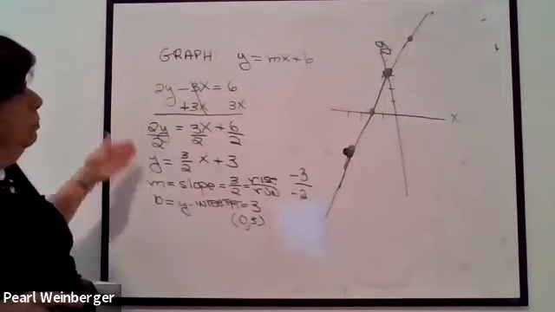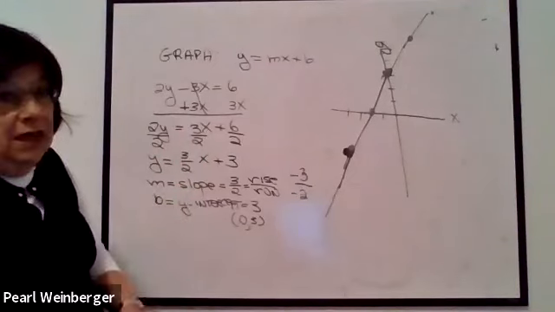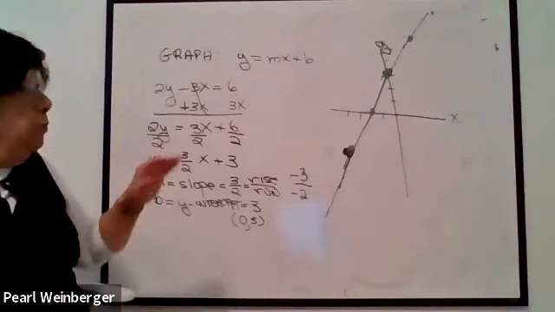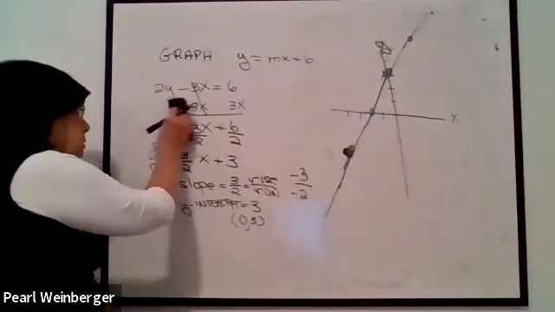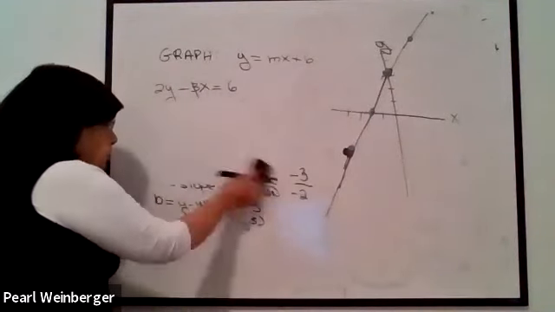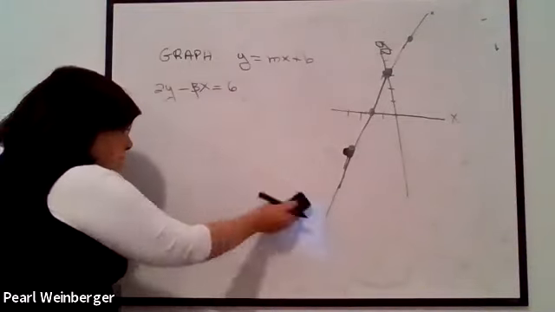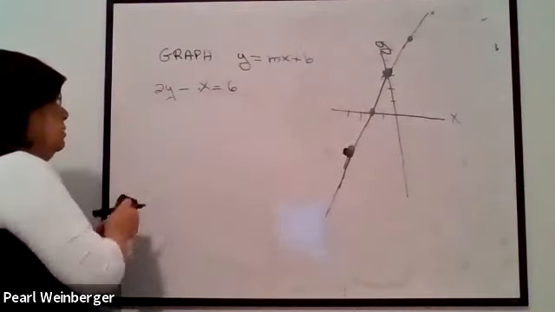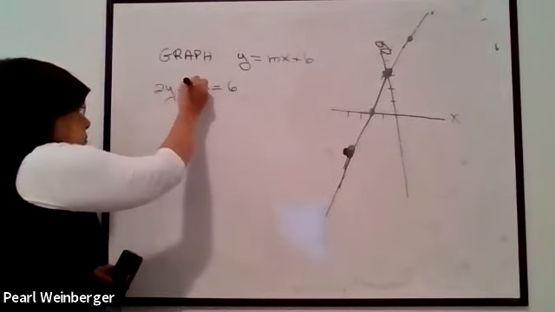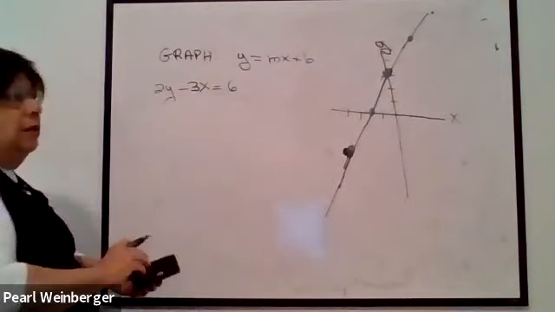But the way we do this doesn't give us the x-intercept. So I'm going to go back, I'm going to erase what we have here, and I'm going to go back to my original equation and answer the question, what if I'm asked to find the intercepts of the line?